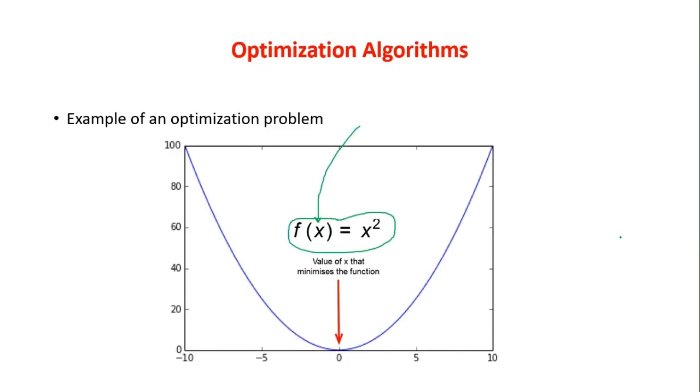Okay. In our case, the function to be optimized is the loss function. So before that, any doubts up to this? This is actually an important topic.